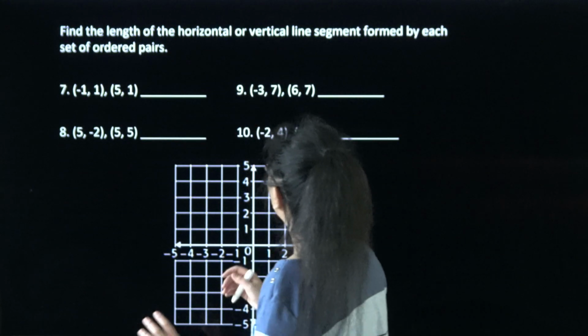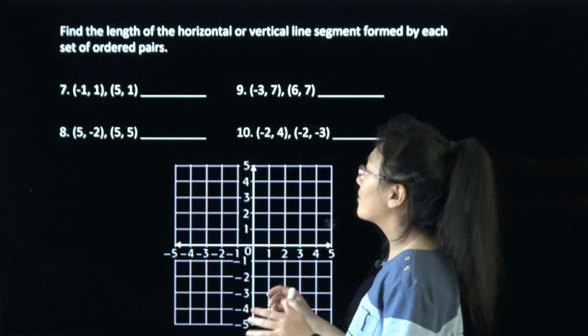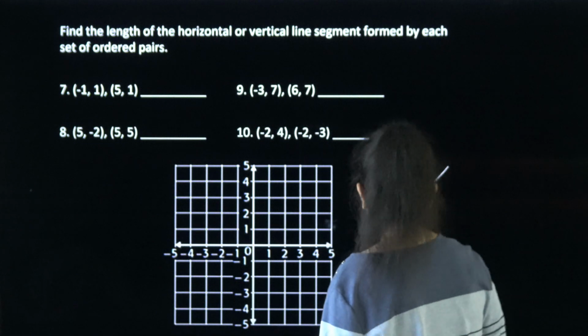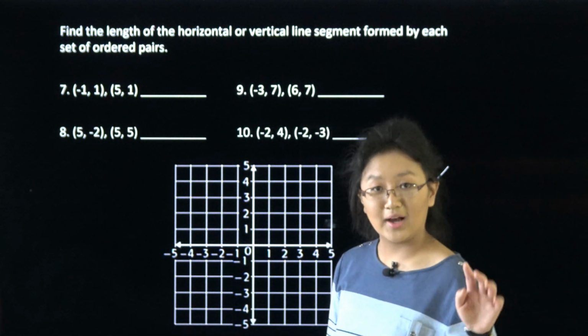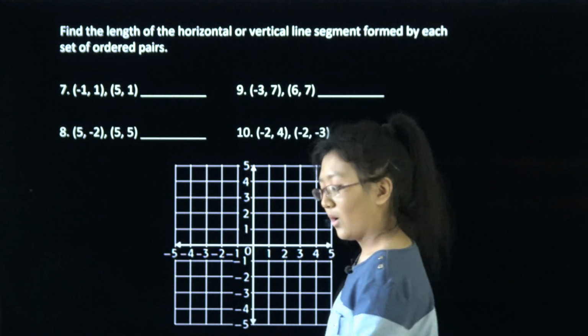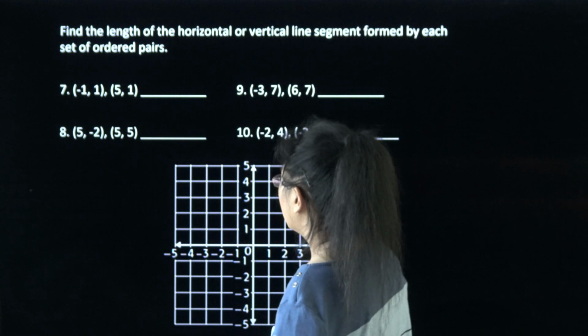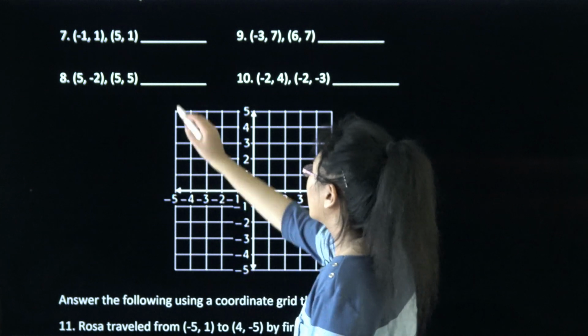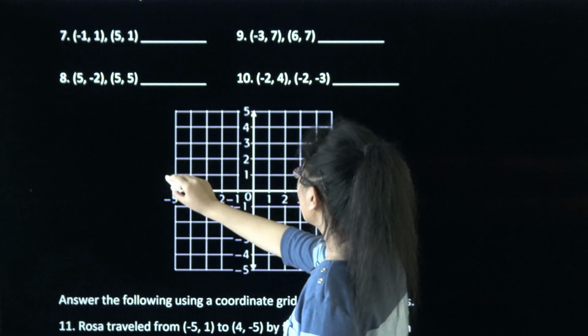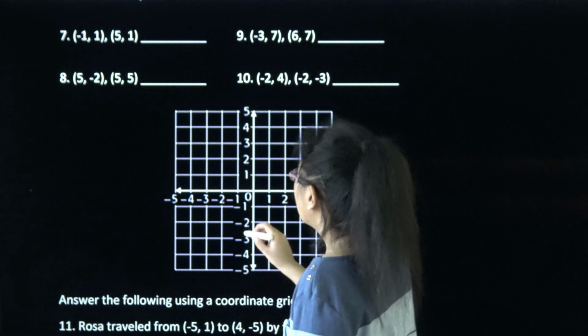Find the length of a horizontal or vertical line segment formed by each set of ordered pairs. Now, if we're going to find diagonal lines, then that's a discussion for a later grade. So, negative 1, 1, and 5, 1. Now, as we can see, for this one, it would be a horizontal line because the y value is the same.